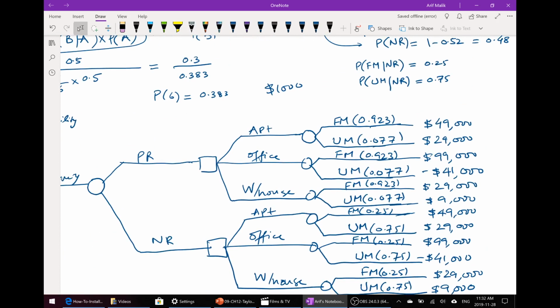What we can do now is work out the expected values, and we can put these expected values on the nodes. So this will be, I suppose, 49,000 multiplied by 0.923 plus 29,000 multiplied by 0.077.